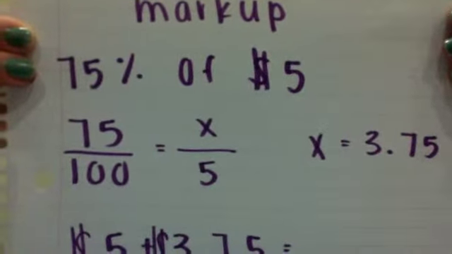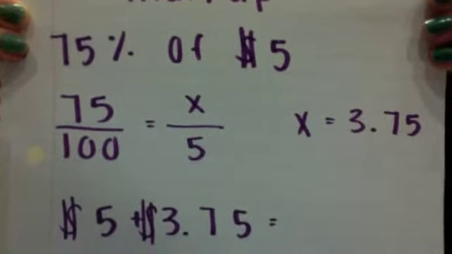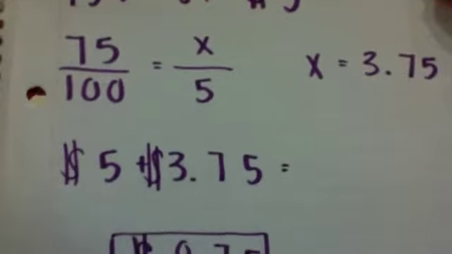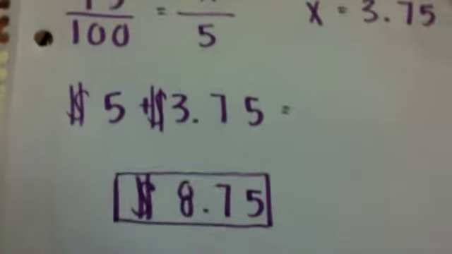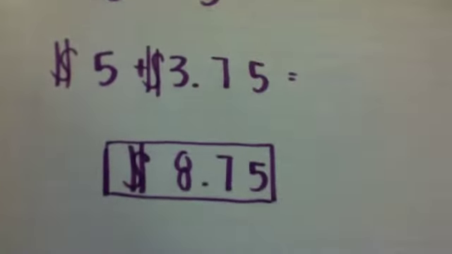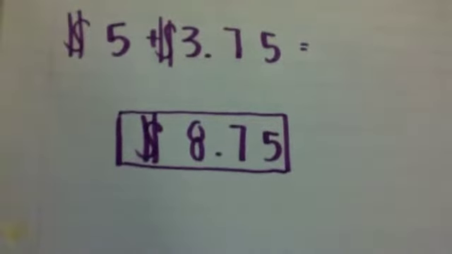Then cross multiply and divide to find x, and you will find that x equals 3.75, which is the markup. Add the markup to the wholesale price. $5 plus $3.75 equals $8.75. So the retail price of the baseball cap is $8.75.